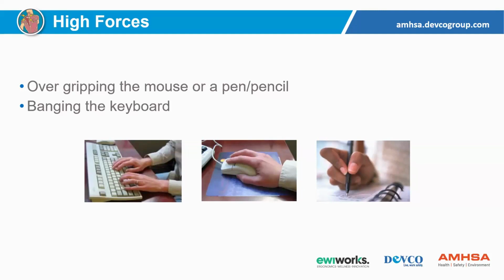So if you're holding it twice as long as you need to, you're gripping for twice as long as you need to. So we want to get into the habit of letting go where we can. And then the other thing we'll see is sometimes people will even have a pen or a pencil in their hand while they're mousing, so it's an unnecessary force and an awkward posture. So just some different things that we want to try and avoid.